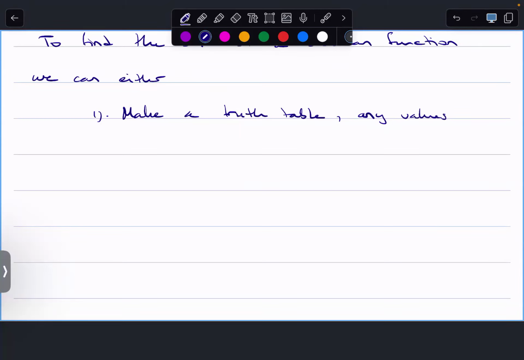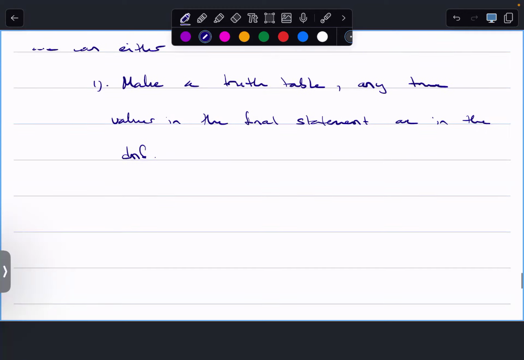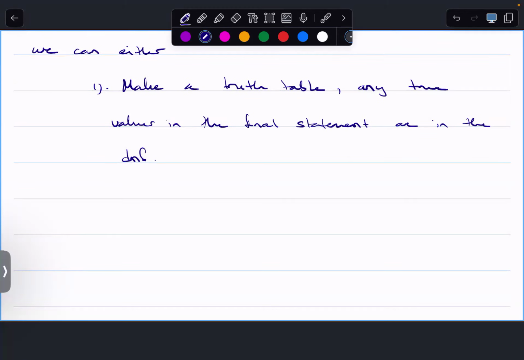Any true values in the final statement are in the DNF. That's nice. You can build a truth table with just Boolean algebra, right? Addition and multiplication. There's no conditional statements or anything, and so it's relatively easy.